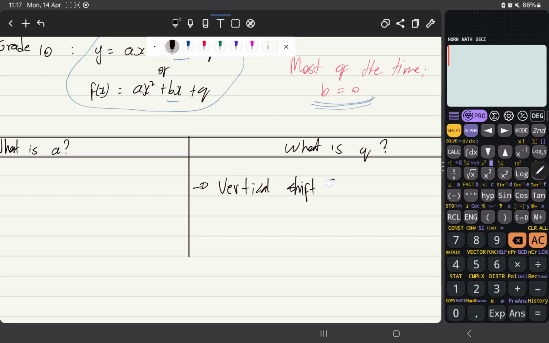And there's something about the shift that I should say. The shift is always from the origin. So it's always from the origin when we are talking about a shift, unless you already have a graph which has been shifted.